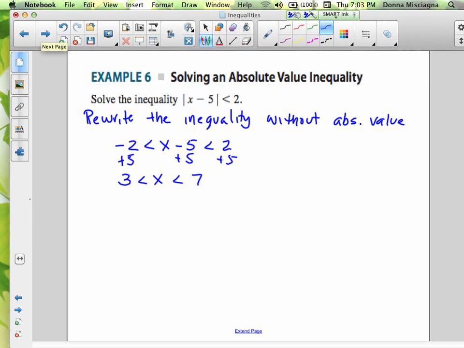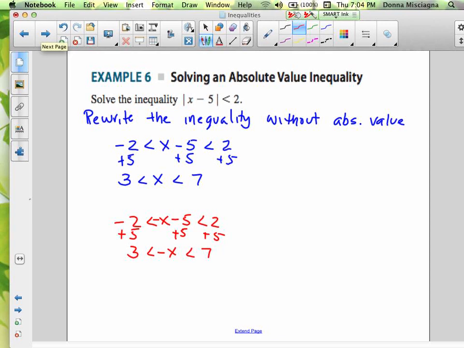By the way, let's just say this had been a negative x instead. Right? So negative 2 is less than negative x minus 5 is less than 2. So we would have, again, added 5 to all 3 sides. That would have given us 3 is less than negative x is less than 7.